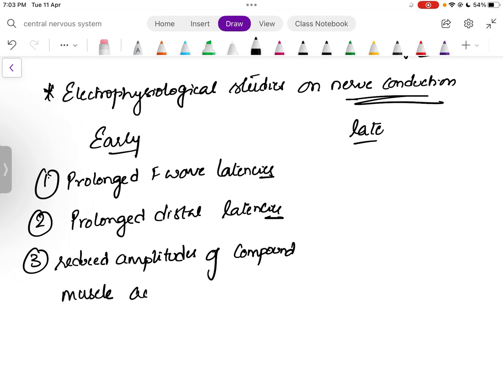The amplitude is very low. Whenever the disease is early, these are the features we see when we do nerve conduction studies.